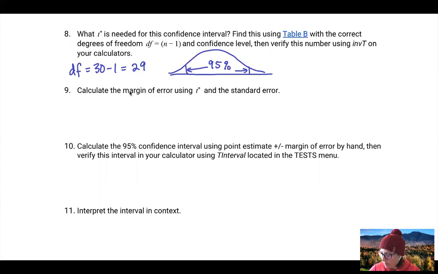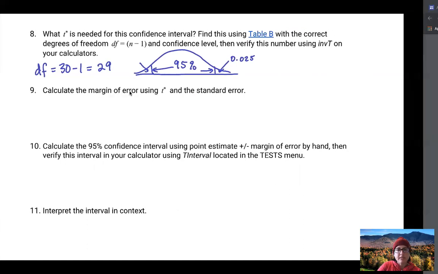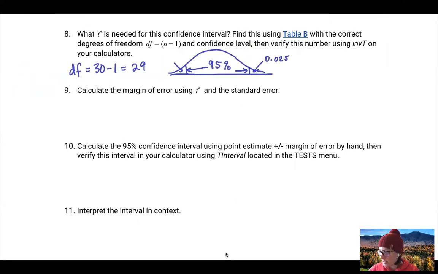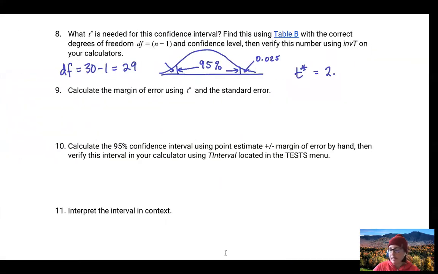That means that in these tails, we would have 0.025 in each of those tails. So on this table, I can look in the column that has 0.025 and see that 2.045 is the number I would use. So this is equivalent to kind of saying that 1.96 number that we would use in a Z interval. So over here, we could say our T star equals 2.045.